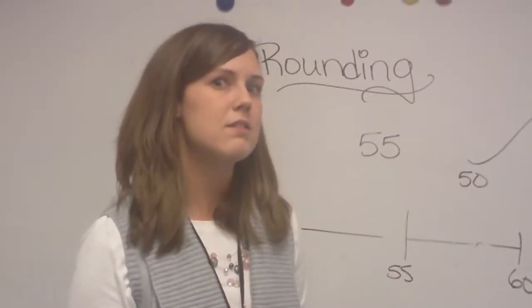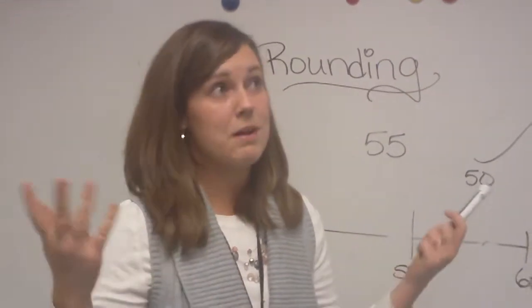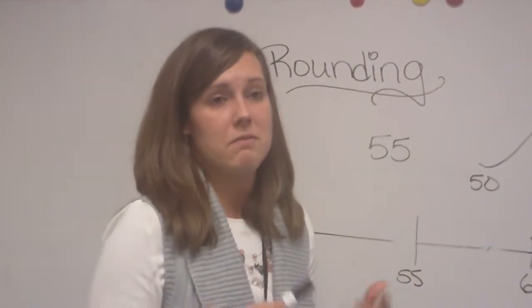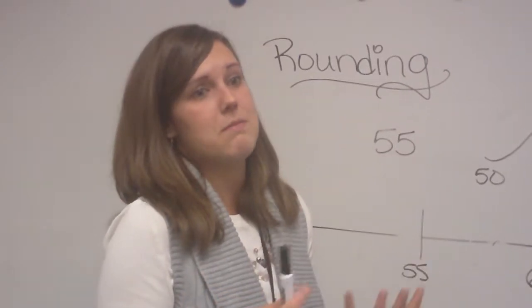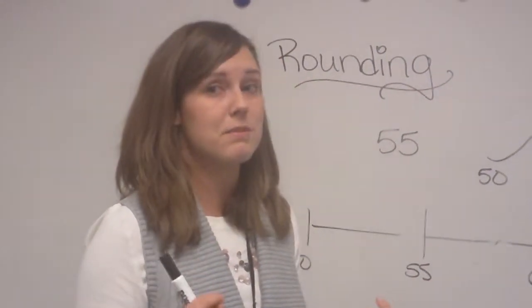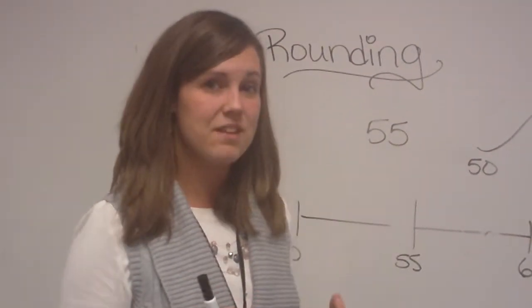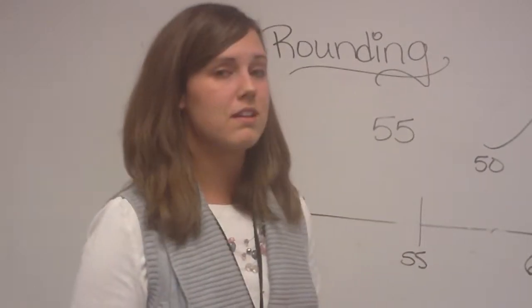And you know what? If I'm at the store and I round 55 to 60, I have a few extra dollars to work with. I might be able to buy a piece of gum, or some extra candy that I really don't need, but would love to have.